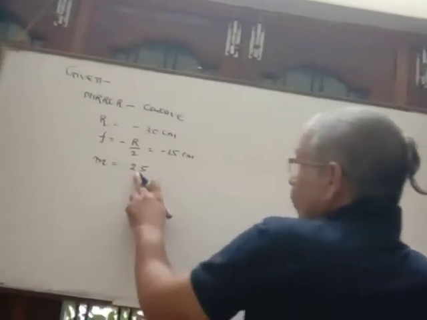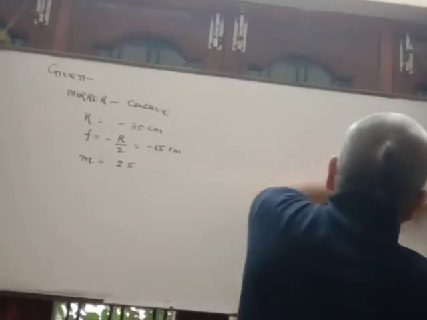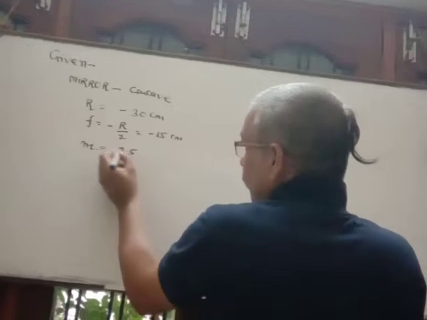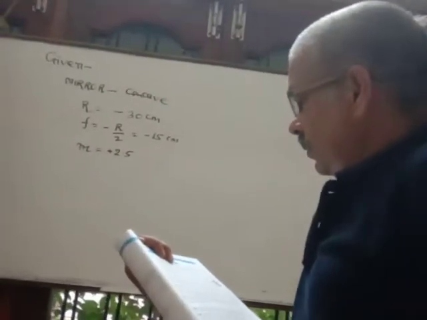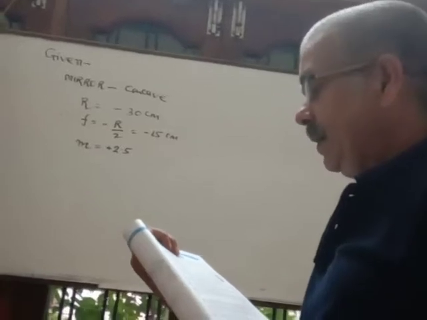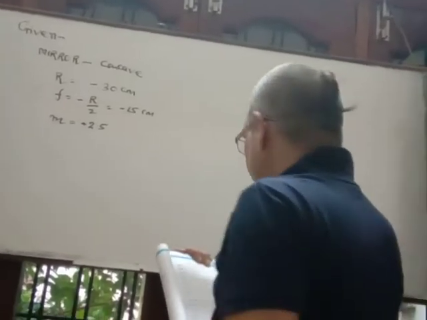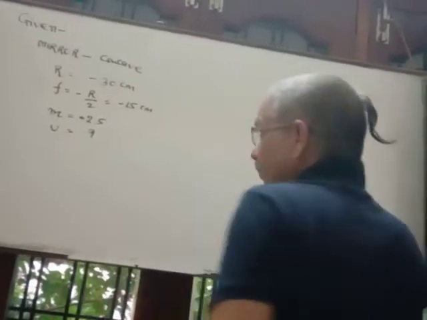And here, since the obtained image is virtual, so plus 2.5. 2.5 times the size of his face. How far is the mirror from his face? Means distance of object.